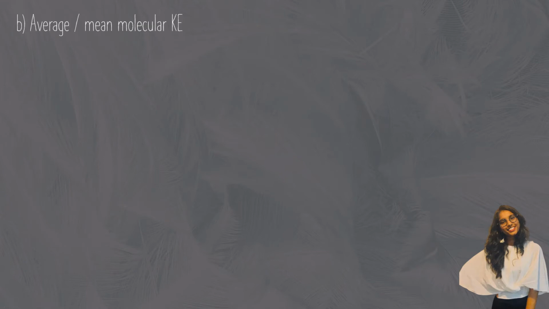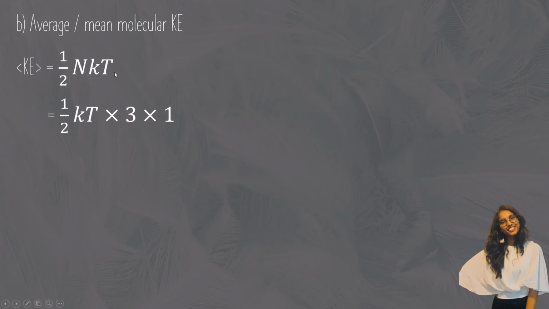So next is the average molecular kinetic energy. Average and mean molecular kinetic energy are the same. Average means the question is asking for one molecule. So the equation for average kinetic energy is 1 over 2 kT. Since helium, a monoatomic gas, has degrees of freedom F equals 3, we multiply by 3.